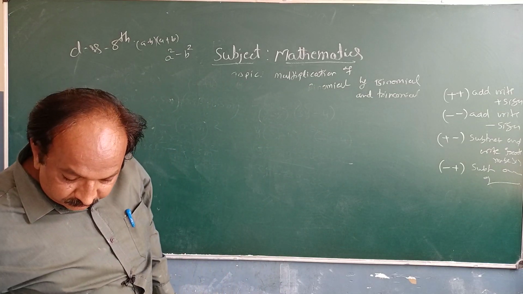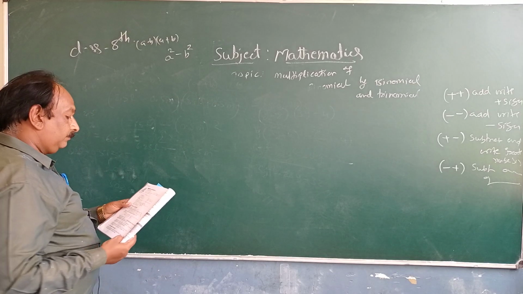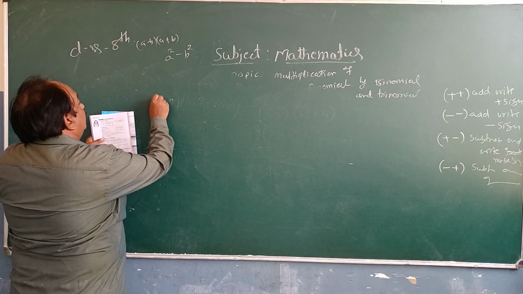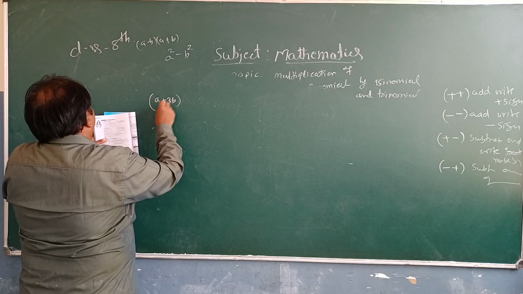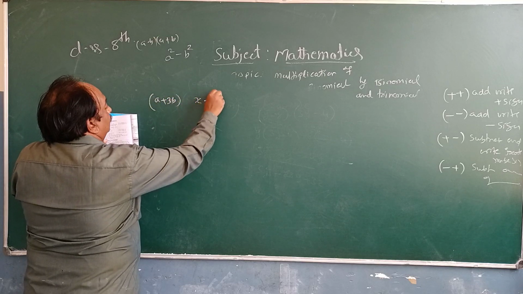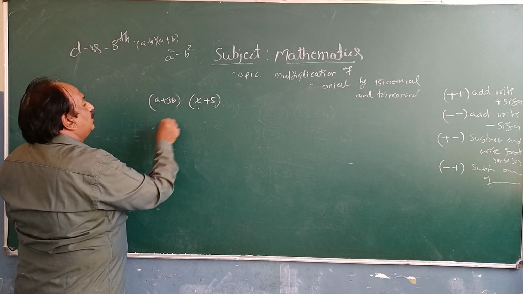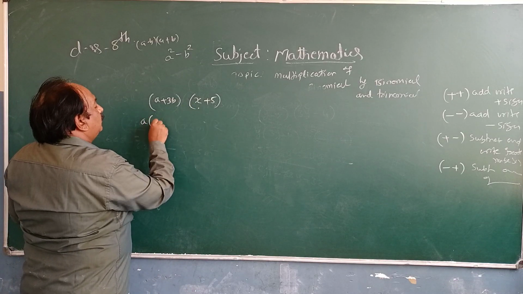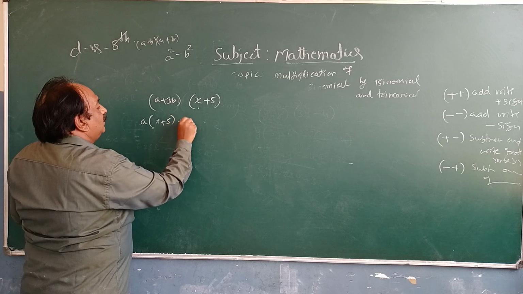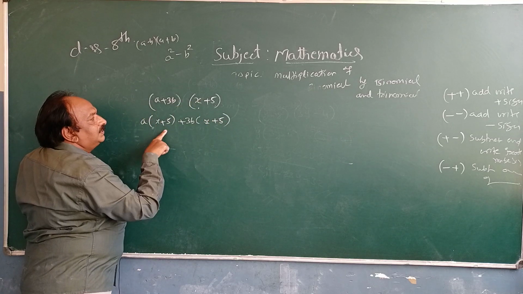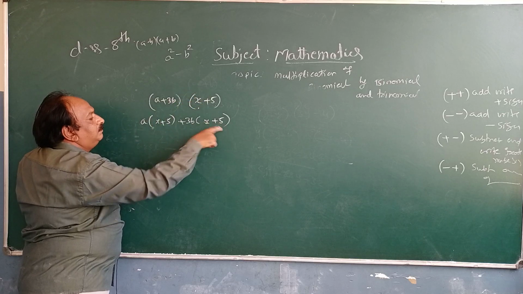Next, (A plus 3B) into (X plus 5). A into (X plus 5), 3B into (X plus 5).